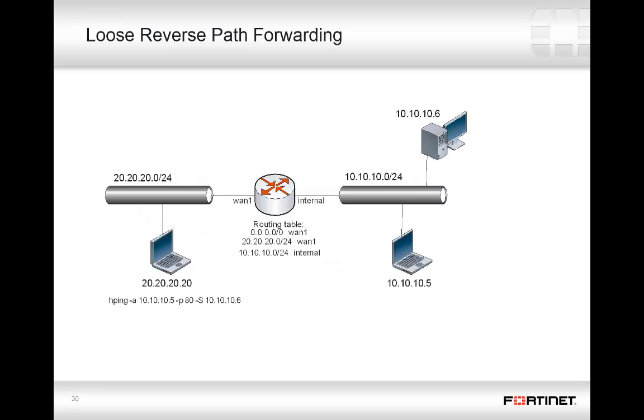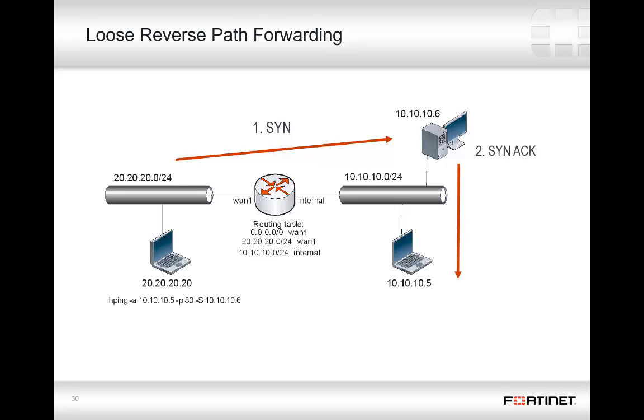Let's look at an example of loose RPF. In this case, 20.20.20.20 pings 10.10.10.5 but fakes a source IP of 10.10.10.6, making the packet appear to be initiated from the internal network. Loose RPF would allow this because the route on WAN 1 is a default route of 0.0.0.0, which is valid although not the best.